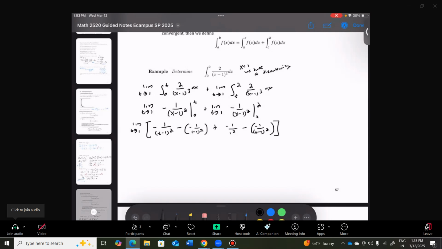Okay, so simplify some of this. Well, negative 1 over (t minus 1) squared, plus, negative 1 squared is just 1, so it'd be plus 1. And then minus 1.